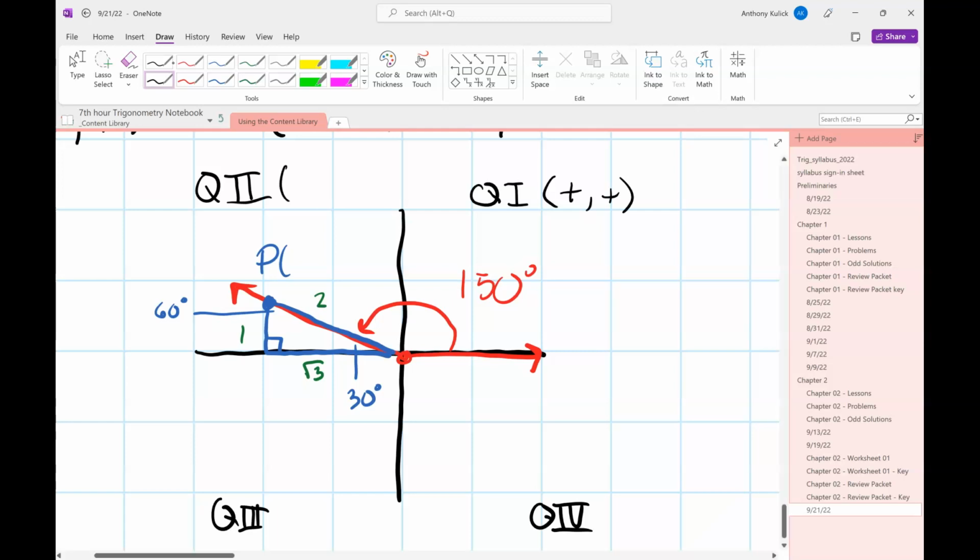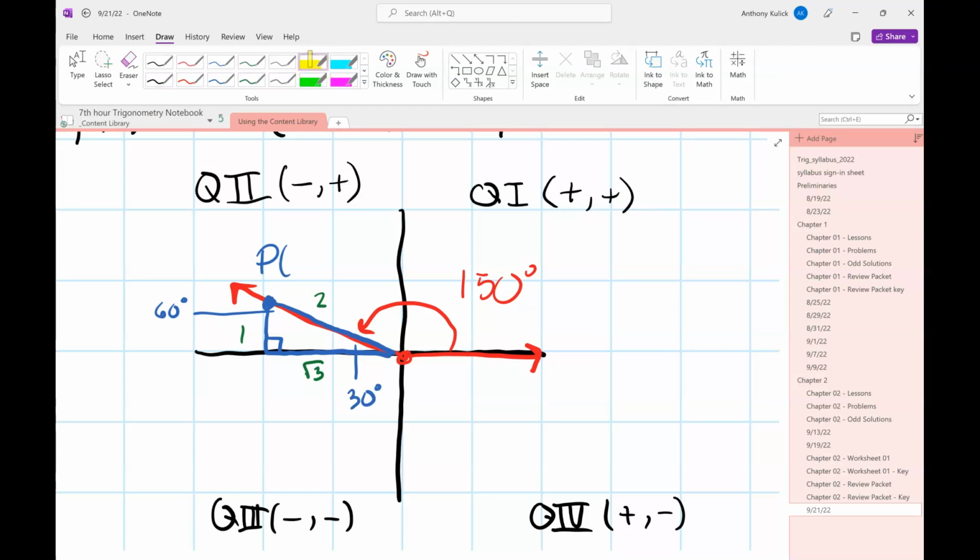In quadrant 2, the x's are positive or negative? Right, because we're going to the left to get into quadrant 2, so the x's have to be negative, but the y's are positive. In quadrant 3, the x's are negative, and the y's are negative, great. And in quadrant 4, the x's are positive, but the y's are negative, great.